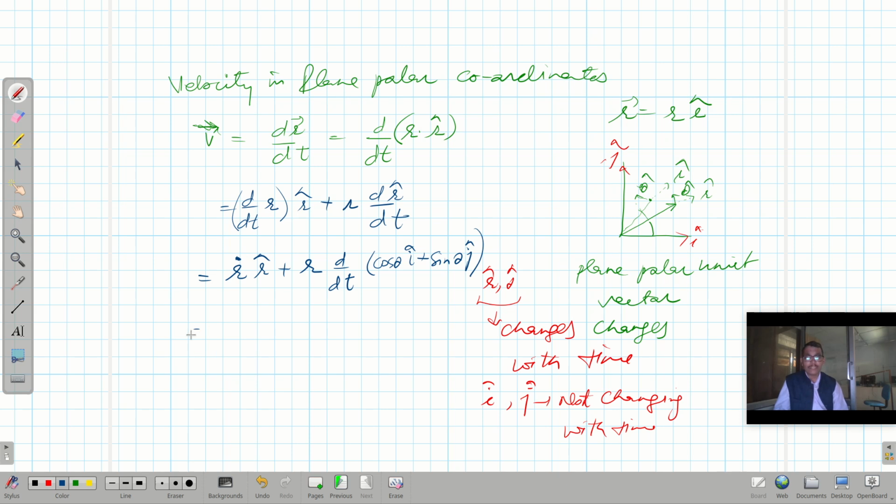The derivative of cos is minus sin theta, and i cap is not changing, and the derivative of sin is cos theta, with j cap remaining. But theta is also changing, so I have made a mistake somewhere here.